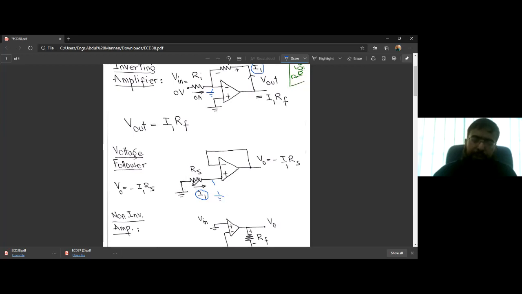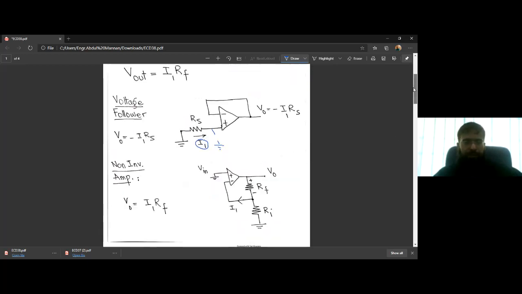So the voltage drop across RS, or from this input terminal to ground, is I1 RS. And since it's a voltage follower, the same voltage would appear at the output with the negative sign, because the input is grounded and the left hand side is at a smaller voltage. So even in a voltage follower circuit, we have this leakage current, and due to this current we get an erroneous output, an error output.